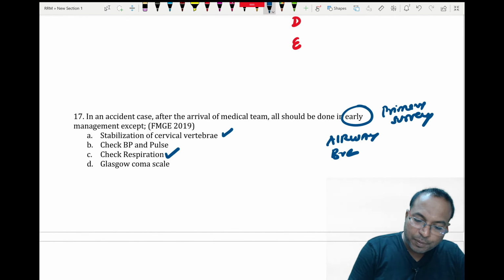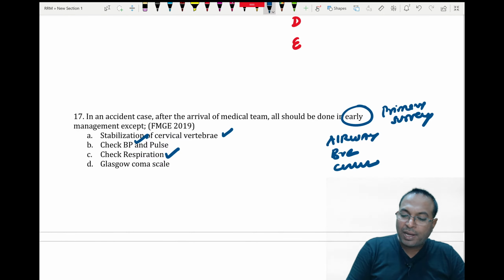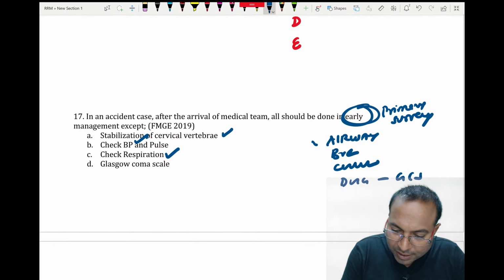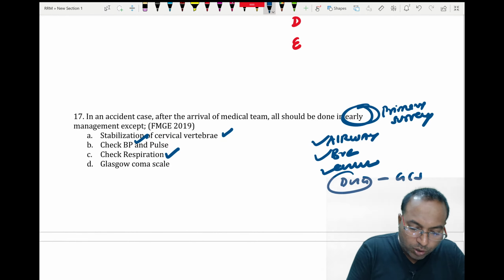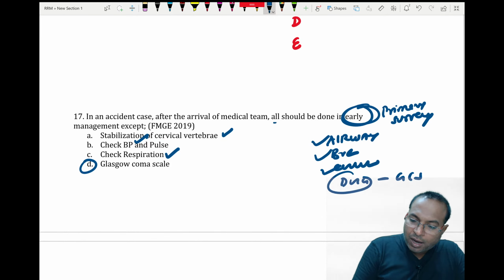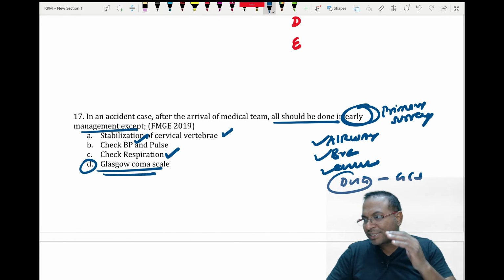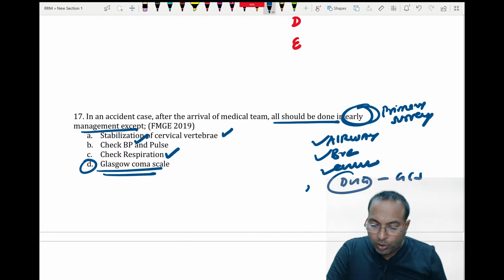Breathing is checked by respiration, circulation by BP, and only then comes disability scoring, the GCS. Glasgow Coma Scale is done in the primary survey, but it is the fourth one.